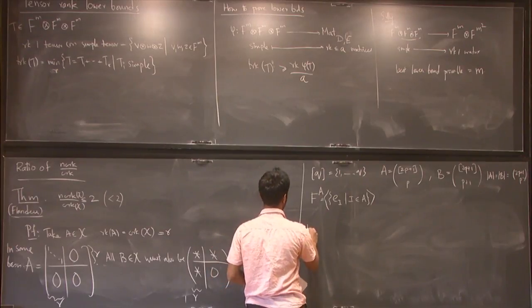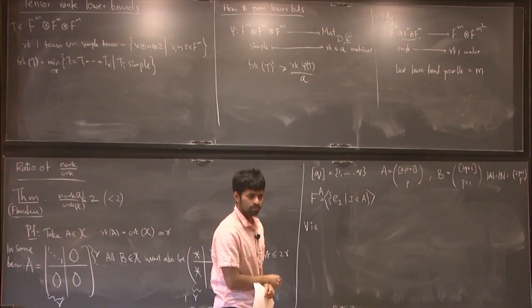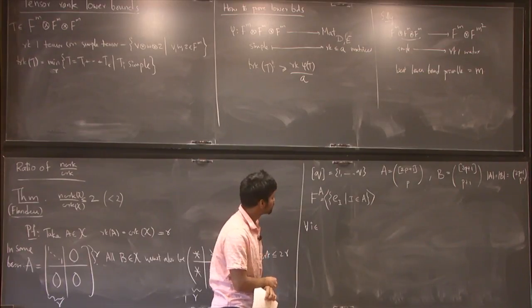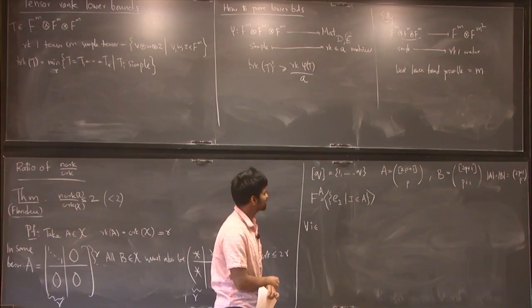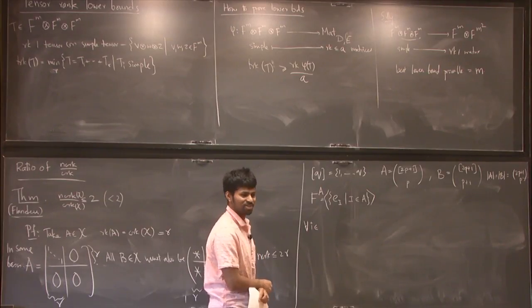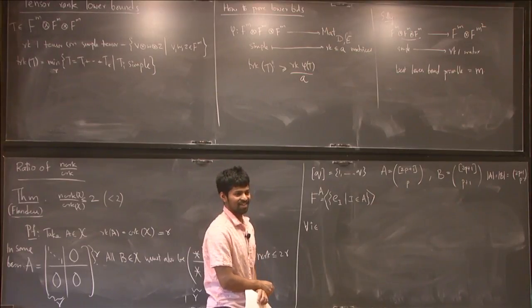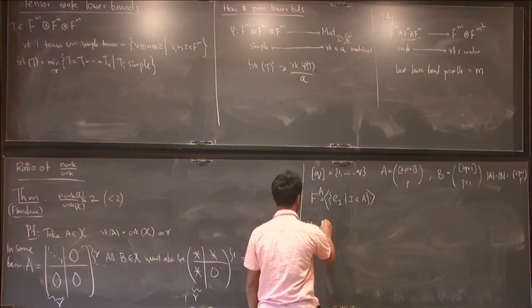You may want to say these are just the two middle layers of the Boolean cube. A and B are just the two middle layers of the Boolean cube: subsets of roughly half the size.